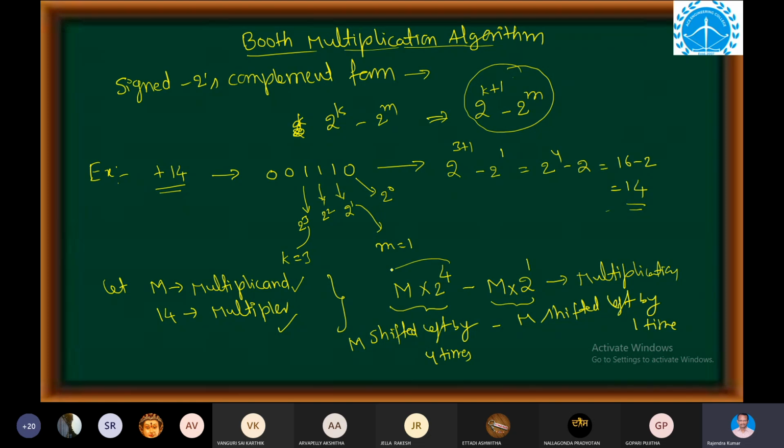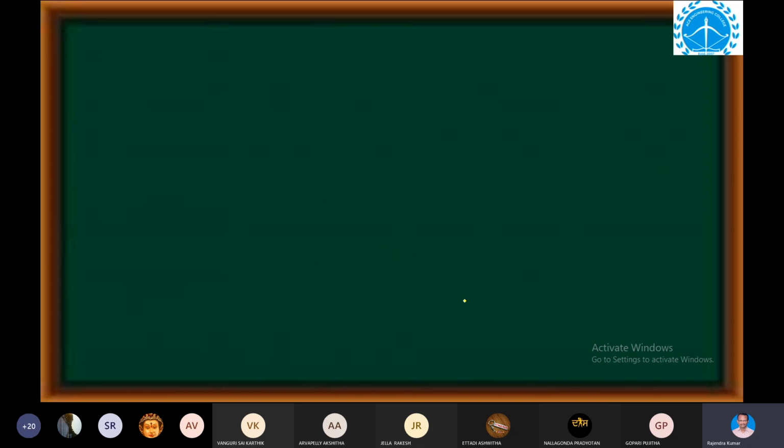The meaning of this is that the multiplicand m shifted left by 4 times gives one binary code, minus m shifted left by 1 time, which gives another binary code. Subtract these two binary codes and we will get the multiplication operation.